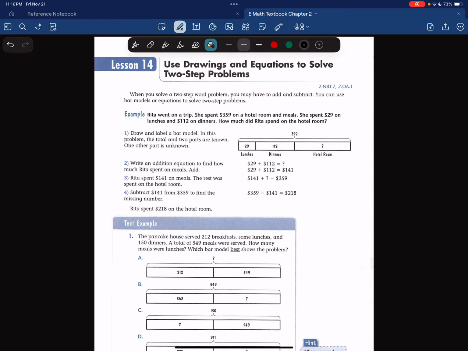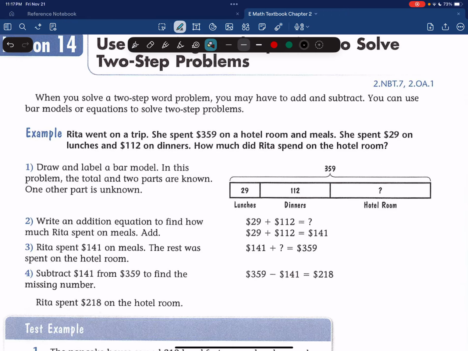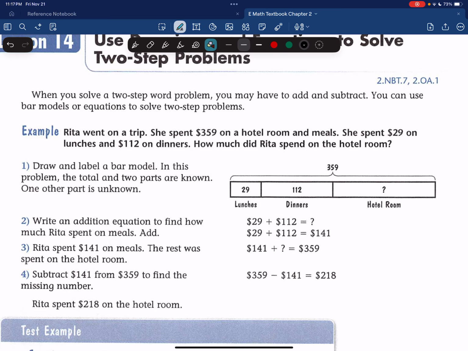So let's take a look here. When you solve a two-step word problem, you may have to add and subtract. Those are the two steps. You can use bar models or equations to solve two-step problems.